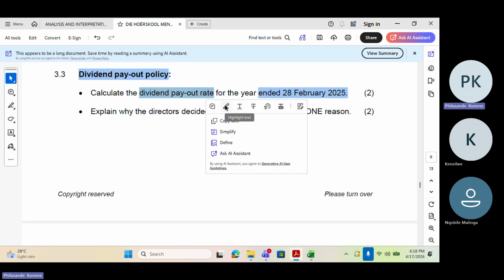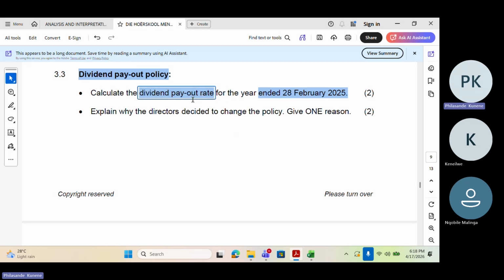But actually, we're trying to look at how much we paid from the earnings. We need to look at the earnings per share and the dividends per share, and then we calculate that rate, which is a percentage. So we're going to take dividends per share over earnings per share multiplied by 100. That is the payout rate that we're going to calculate for this one.